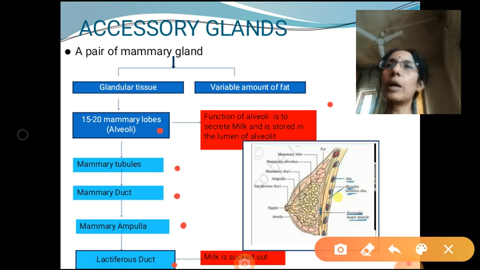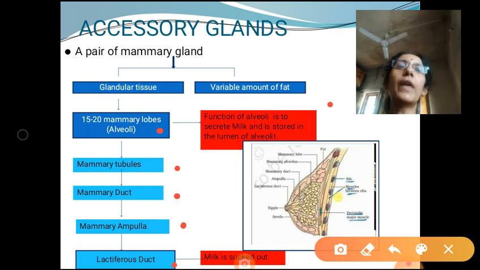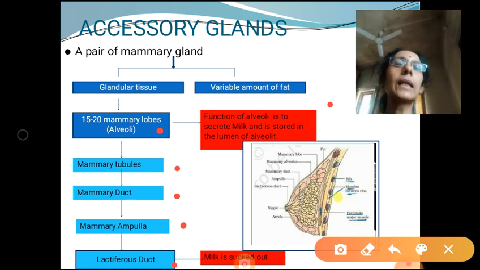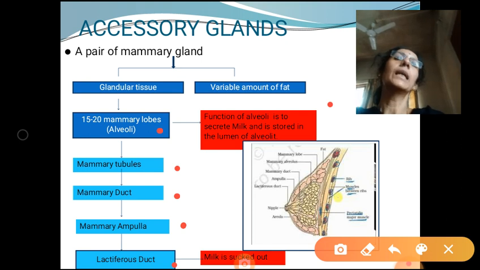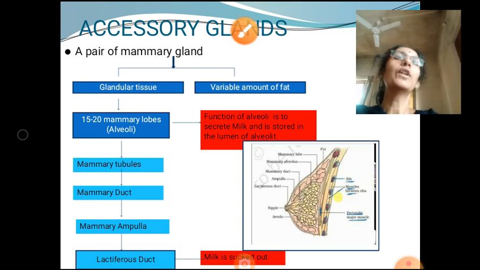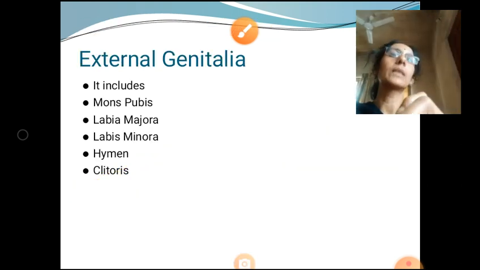Mammary duct forms the ampulla, and finally it opens into the lactiferous duct and the milk is sucked out through this lactiferous duct. So, the mammary gland is the accessory gland in the female reproductive system.